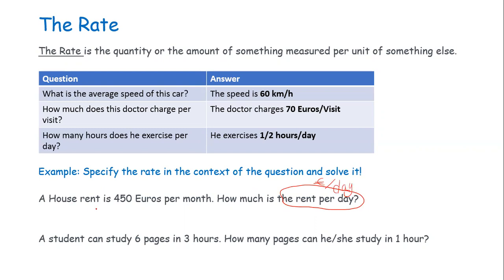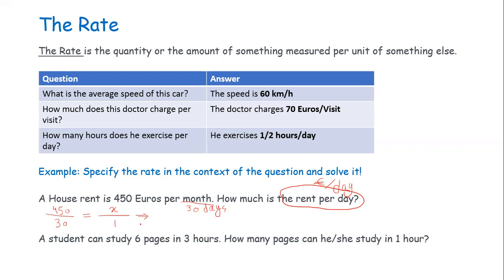So we can see that the house rent is 450 euros per month, and the month is 30 days. So we have the following proportion: 450 euros over 30 days is in proportion with an amount X of euros over 1 day.